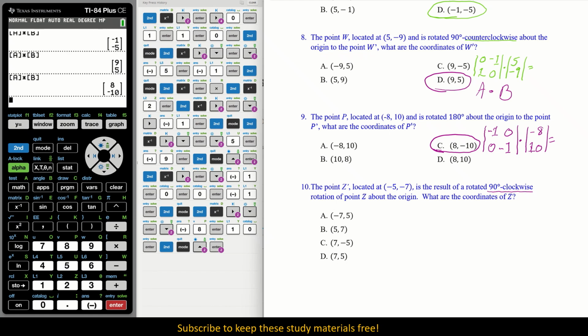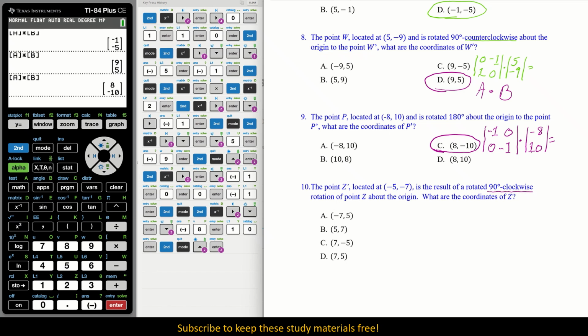It's a multiplication situation, so we can actually just take the given, but we can't multiply it the way it's stated, okay? We're going from the point to the image. They're saying that they went from Z clockwise to Z prime.